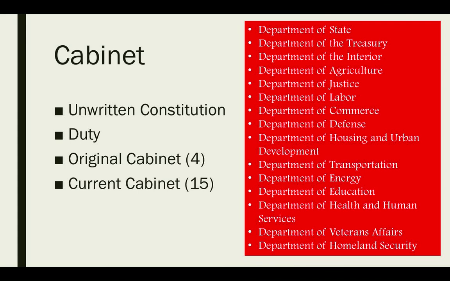He didn't need the Department of Transportation. He didn't need the Department of Energy, the Department of Agriculture. So you see that it's changed over time to speak to the needs of the country, and it's grown because our nation has grown. Our interactions with other countries have grown. And these representatives here in the cabinet, again, the duty is to advise the president on all of these different issues.